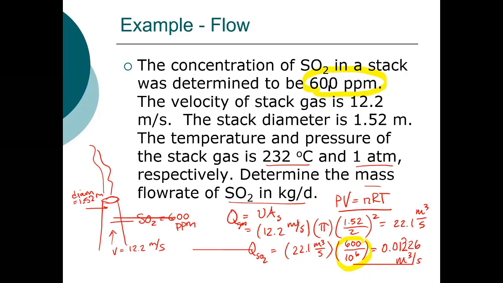Think of that as 600 parts per million parts, and it's on a volumetric basis. So for every million liters of gas, in that million liters of gas would be 600 liters of SO2. So that's why it's 600, and it's just easier to write it as 600 over a million. At least it's consistent with the definition.